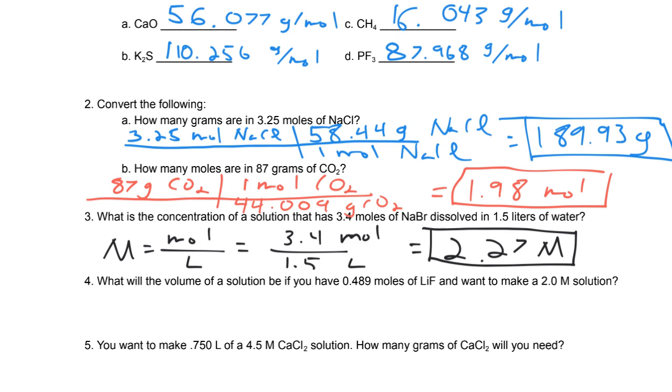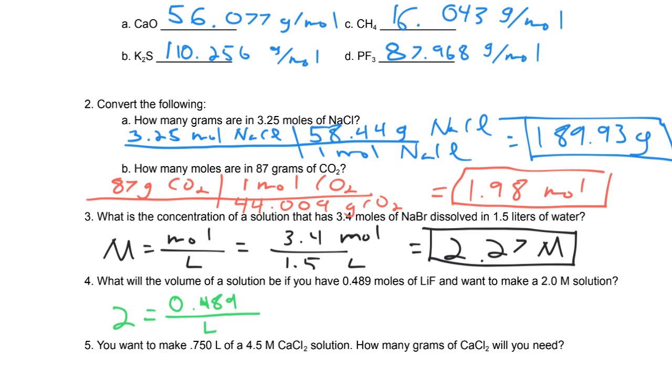All right, next one asks it in a kind of different direction. What would be the volume of the solution if you have 0.489 moles of lithium fluoride and want to make a 2 molar solution? So again, molarity equals moles over liters, but we know that the molarity is 2. We have 0.489 moles, and we're just trying to figure out how many liters it's dissolved in.